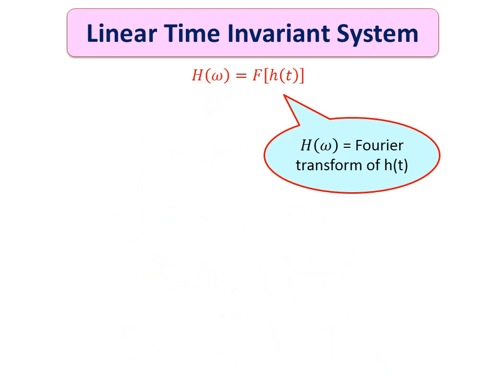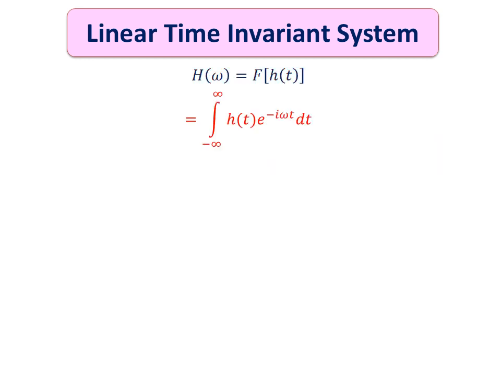Now coming to the transfer function H of omega. The transfer function can be found by taking the Fourier transform of the unit impulse response, right? So the Fourier transform of h of t will give you the transfer function. We just supply the definition: integral from minus infinity to plus infinity of h of t e power minus j omega t dt. Since our impulse response involves time t, I use the integrator dt.